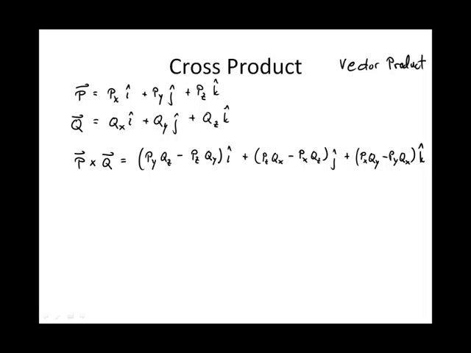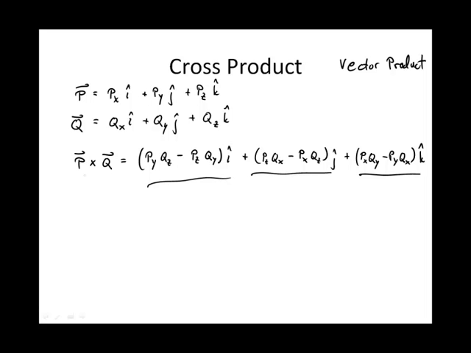So you'll notice that when I'm done with my cross product, this is a vector quantity. There's an i component, a j component, and a k component. So the product that we get with a cross product is a vector.